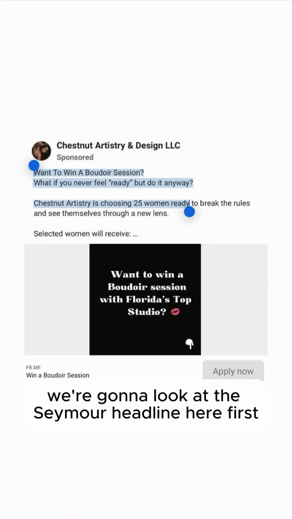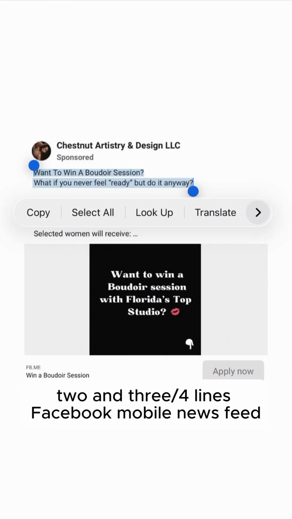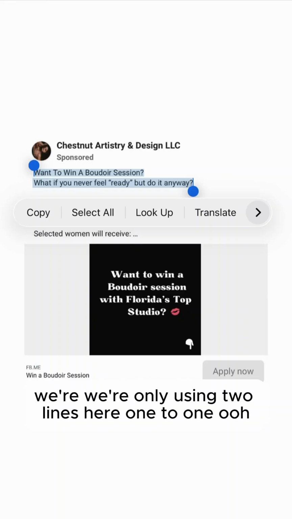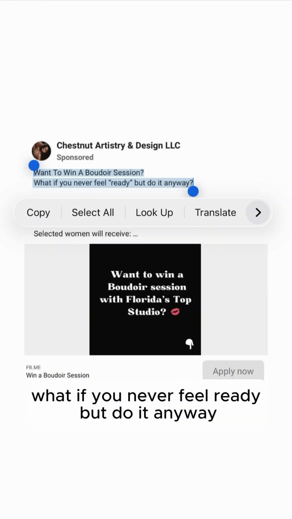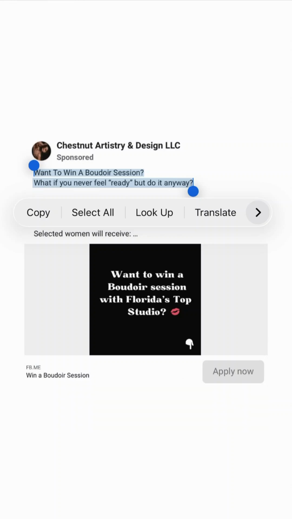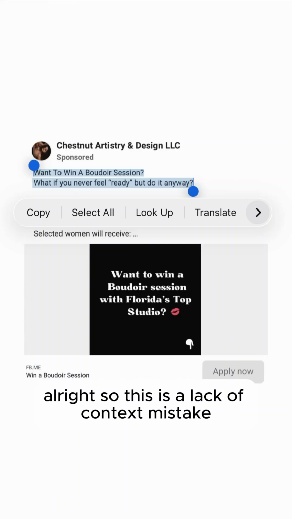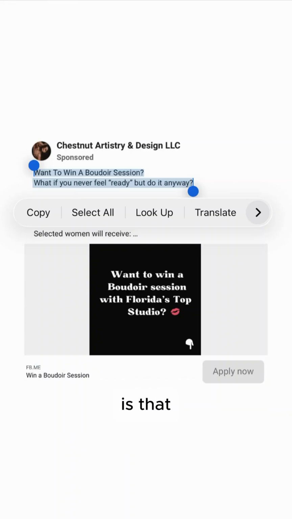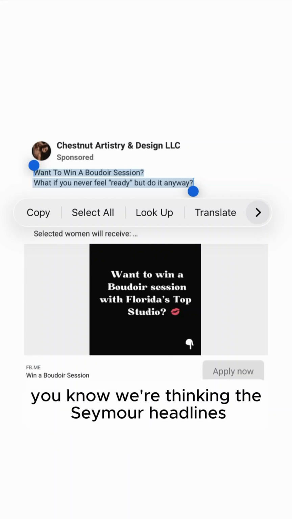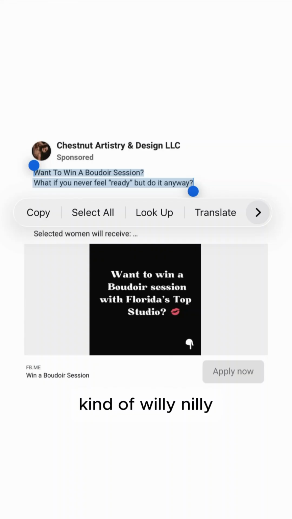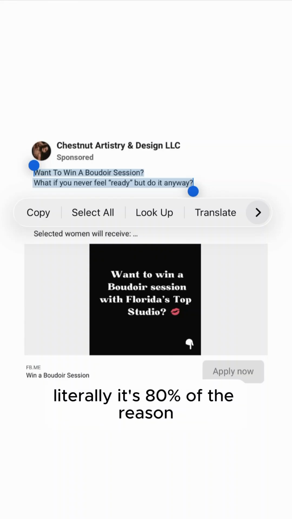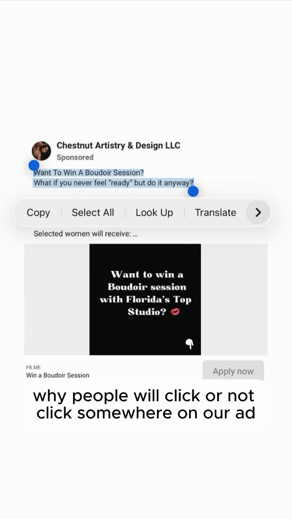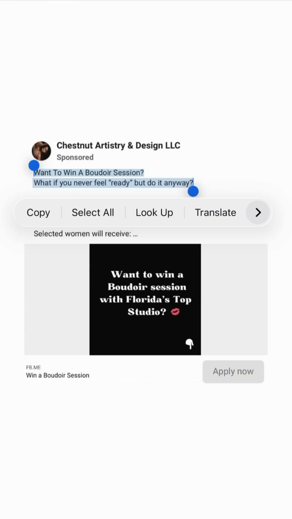Finally, we're going to look at the See More headline here. First 2 3/4 lines, Facebook mobile newsfeed. We're only using 2 lines here. 120 Boudoir session. What if you never feel ready, but do it anyway? All right, so this is the lack of context mistake. The false belief that caused us to make this mistake is that we're thinking the See More headline is kind of willy-nilly, when in fact, literally it's 80% of the reason why people will click or not click somewhere on our ad. So this is actually the most important part.